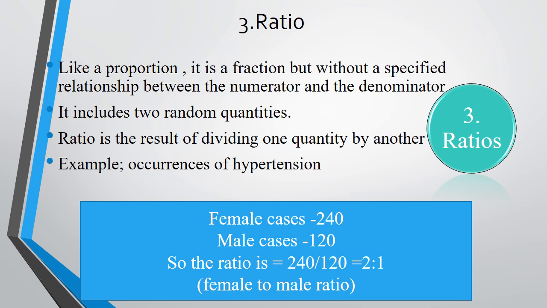So already we have seen the proportion, and then coming to the ratio. Like a proportion, it is a fraction, but without a specified relationship between the numerator and denominator. So there is no relationship between the numerator and denominator.